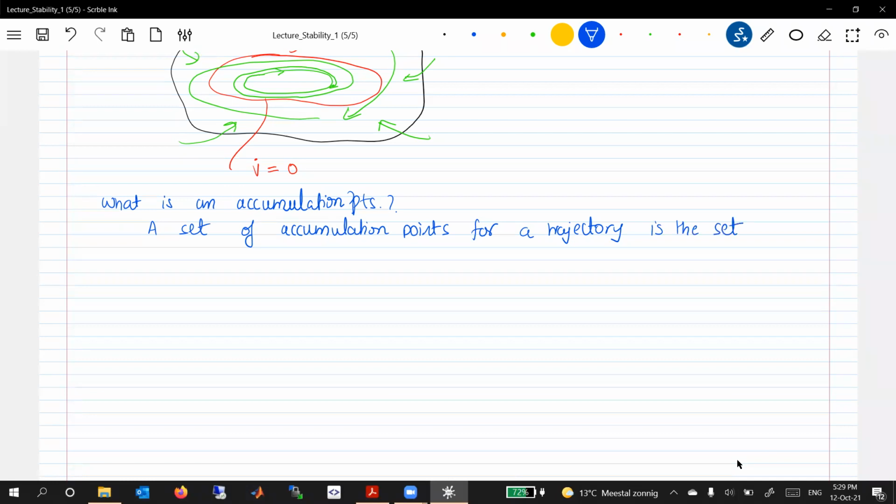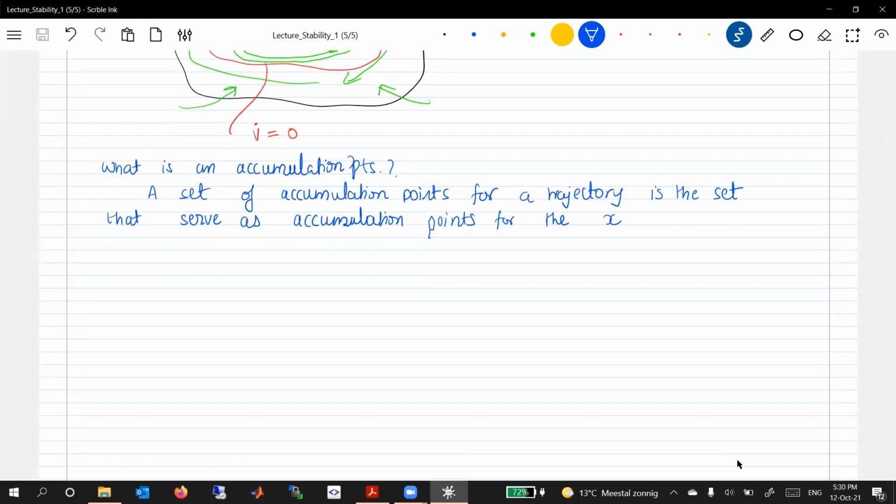Is the set that serve as accumulation points for, say, these would be, if we sample the trajectory at different time instants, then we will see that the sequence of those samples is visiting the accumulation point for arbitrarily long, right?